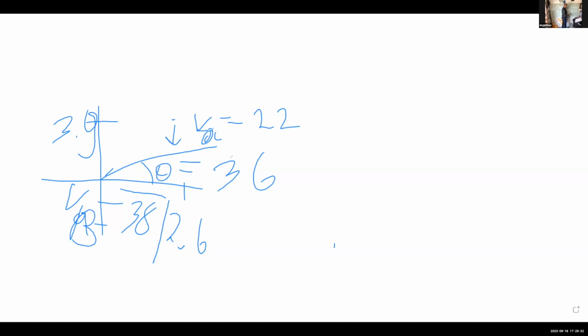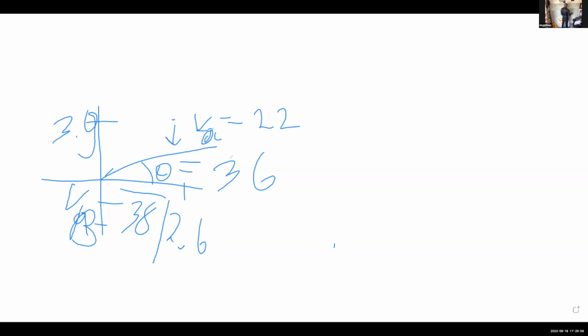So the x is 2.6 kilometers squared plus 3.9 kilometers squared. I'm going to put in the units, so kilometers have to equal kilometers.